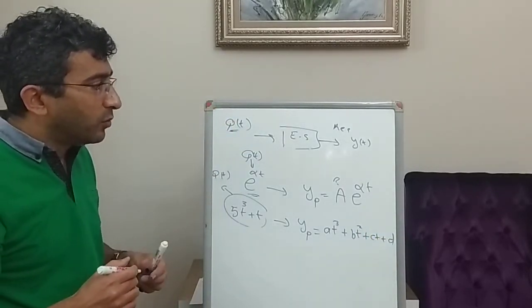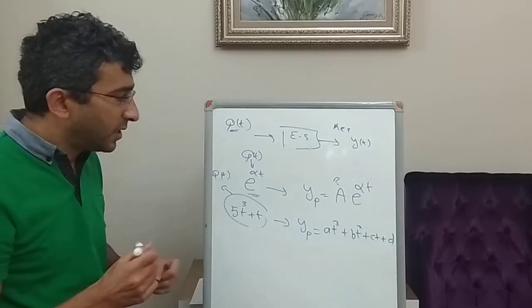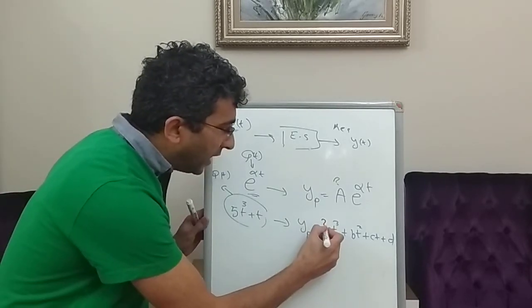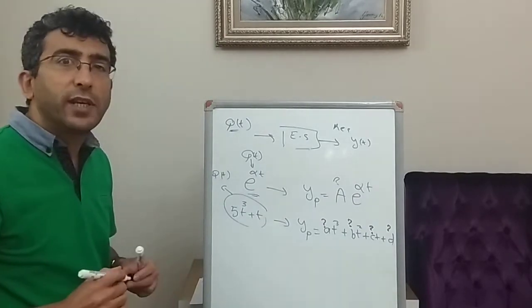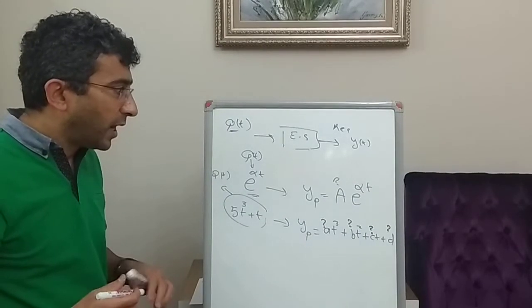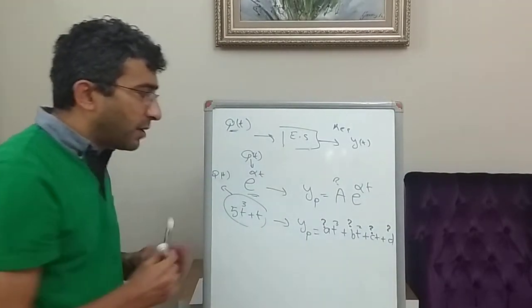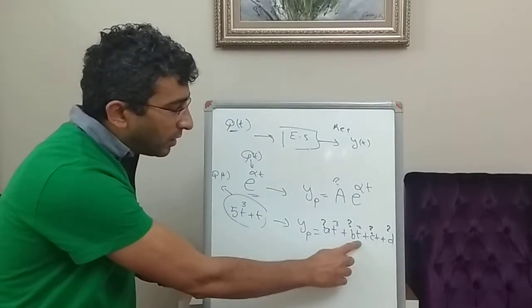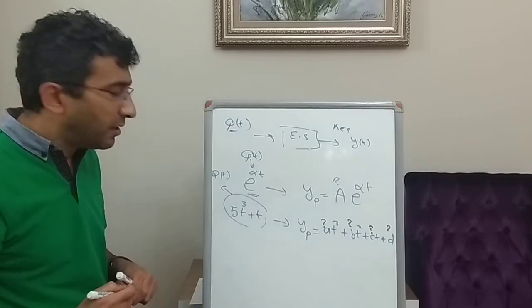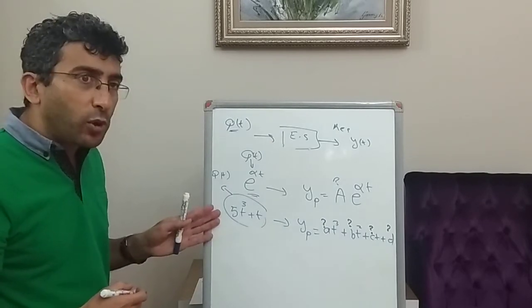You will assume all the coefficients. You don't know a, you don't know b, you don't know c, you don't know d, so you should find all these coefficients. Even if you don't have t squared here, you should also assume this term. So it works with a polynomial.